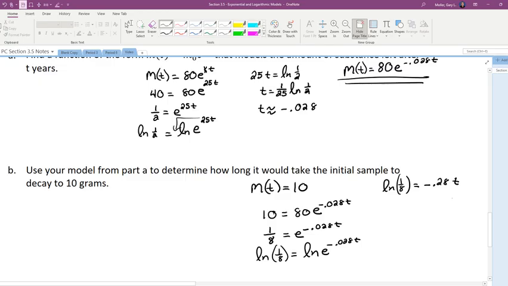I'm going to divide by that, and so I get the natural log of 1/8 divided by negative 0.028 is going to be my time.